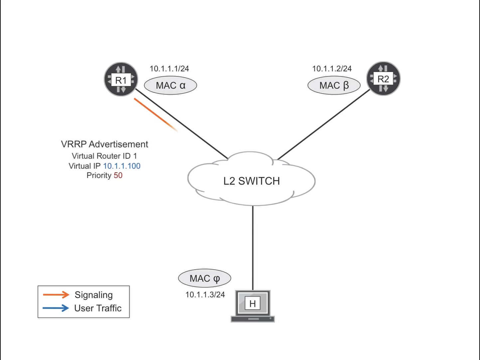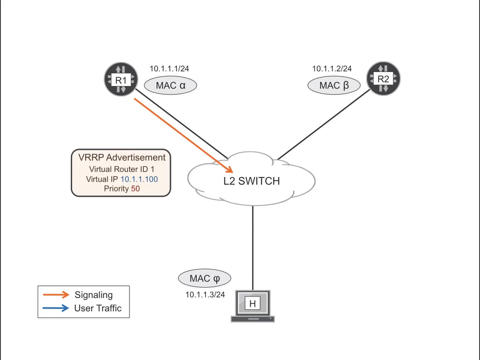As a result, it starts sending VRRP advertisements every second, destined to 224.0.0.18. Inside the payload of the VRRP advertisement, router 1 specifies the virtual router ID and the virtual IP address for which it's claiming the mastership.